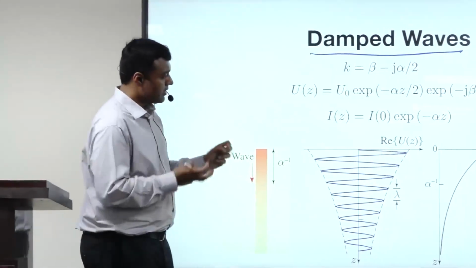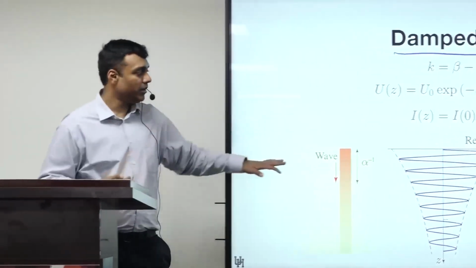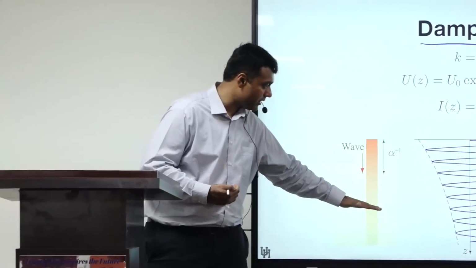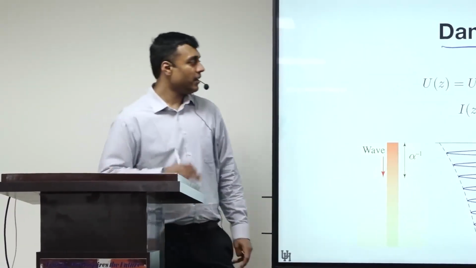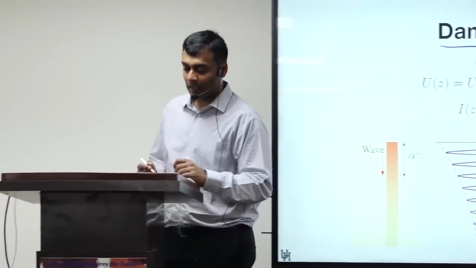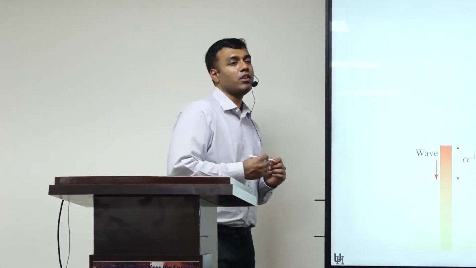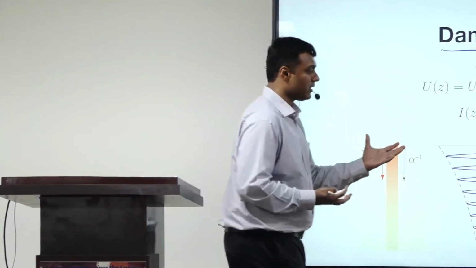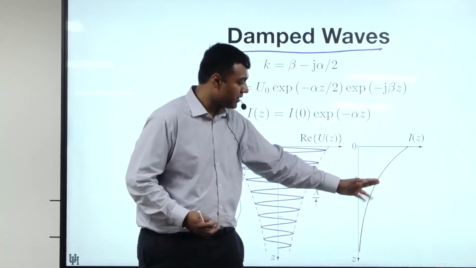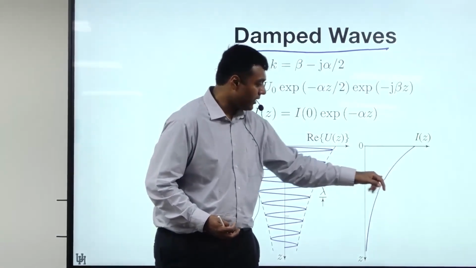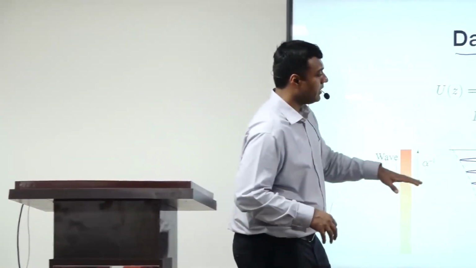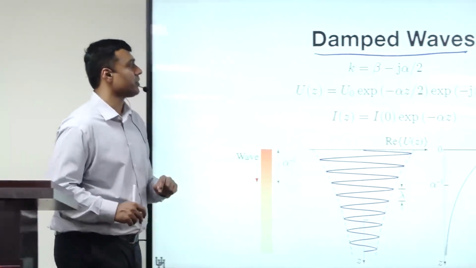As it travels, some of the energy gets absorbed by the medium, so the intensity keeps becoming less and less as you go along. How much less is a matter of what's called the absorption coefficient of that medium. If you start with an intensity of say 1, it becomes smaller and smaller, and the point where it becomes 1 over e is typically taken as the value of the absorption coefficient.